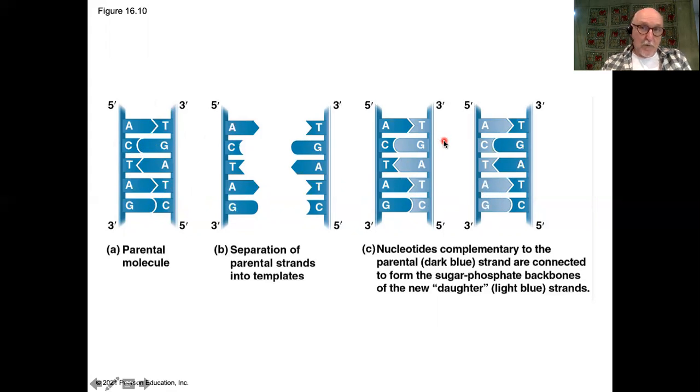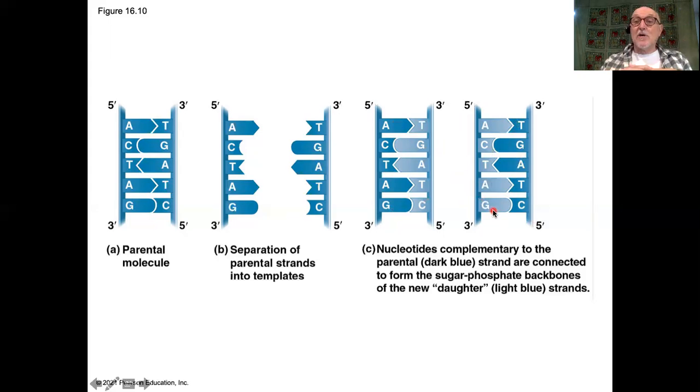But what's also important to notice is that what we end up with is one old strand here, the other old strand there, and a new strand. So when we replicate DNA, the replicated molecules each consist of one parental strand and then a new strand, parental strand, new strand.